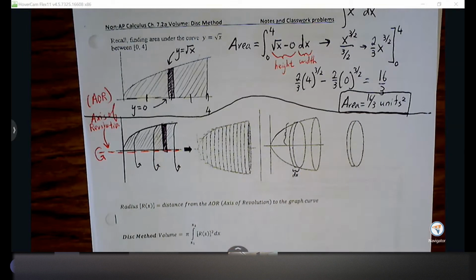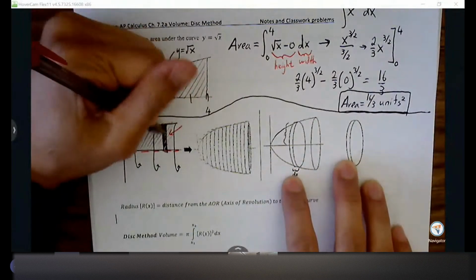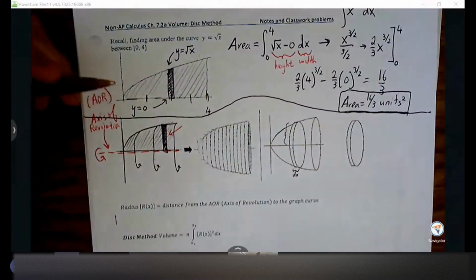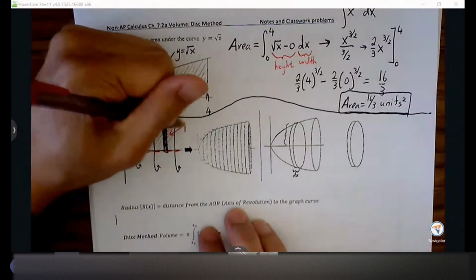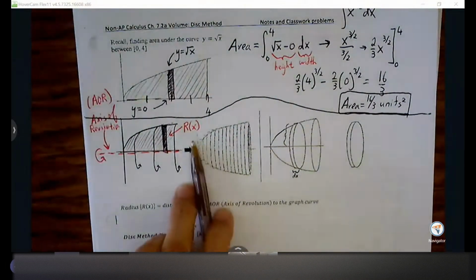So we're going to call it now the radius, even though we're drawing it very much the same way as how we do rectangles. But because of the fact that we're rotating and we're putting it into a different formula, it's now going to represent something a little bit different. And yes, this is now representative of the radius of these circular discs that we're accumulating from one end to the other. And we usually call it big R of x.